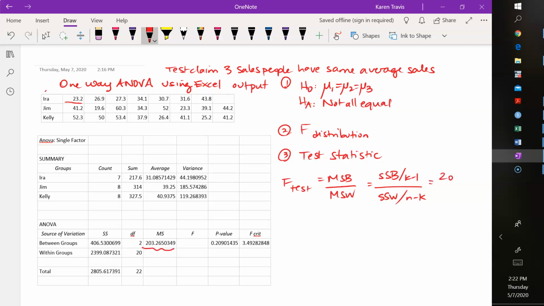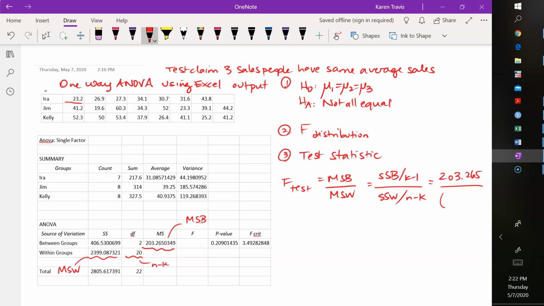So the numerator is 203.265. As far as the denominator, we only have sum square between, and we have N minus K. This is N minus K, this is MSB, and this is MSW.